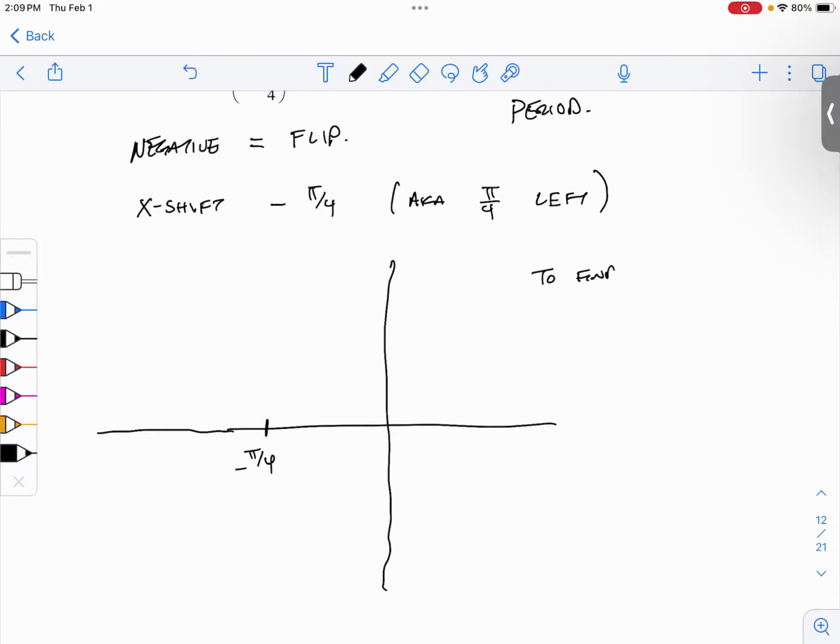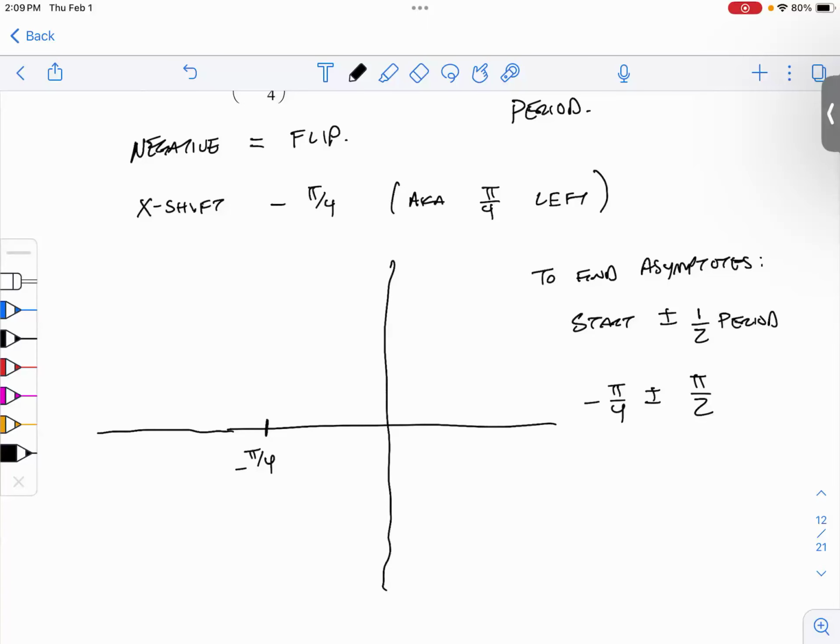To find the asymptotes, it's your start point plus or minus half the period. In this case, my start point is negative pi over 4 plus or minus half the period, which is pi, so pi over 2. And that's basically how we find the asymptotes.